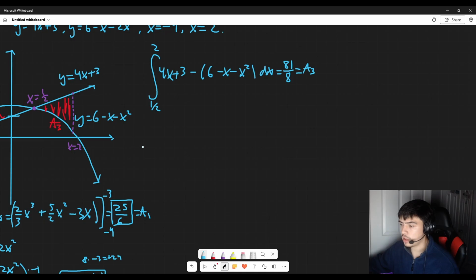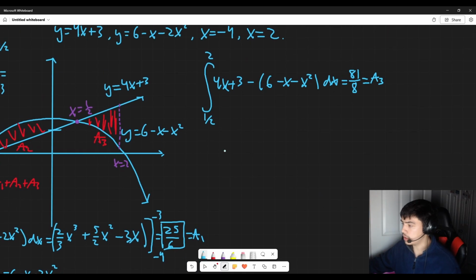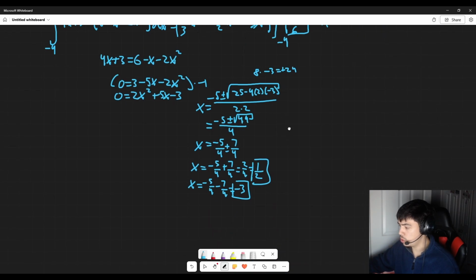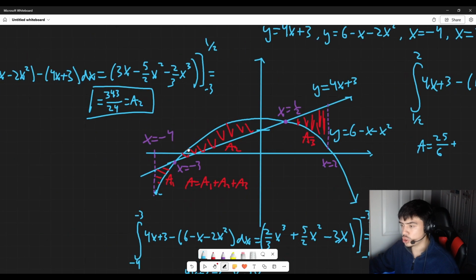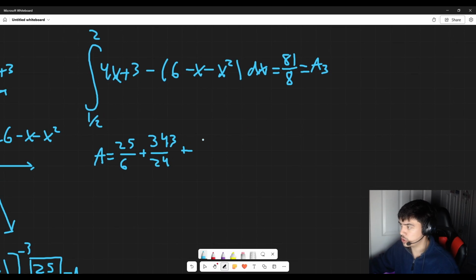So, like I said earlier, the total area is all of these areas added up together: A1 plus A2 plus A3. So, collecting all of our areas, our total area is going to be A1, which is 25 over 6, plus our area 2, which is 343 over 24, plus our third area, which is 81 over 8.